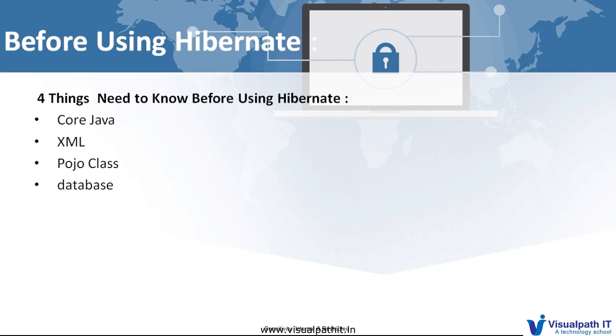It also provides association mappings like one to one, one to many, and many to many, and other mapping concepts as well. We can manage Hibernate connections in many ways, like a driver manager connection or a data source connection. We can manage transactions in many ways, like JDBC transaction and JTA transaction.